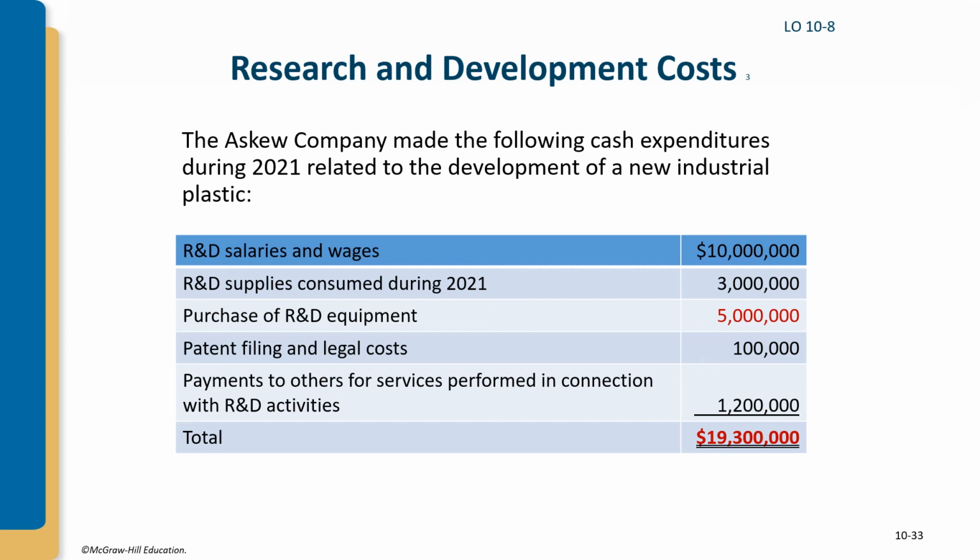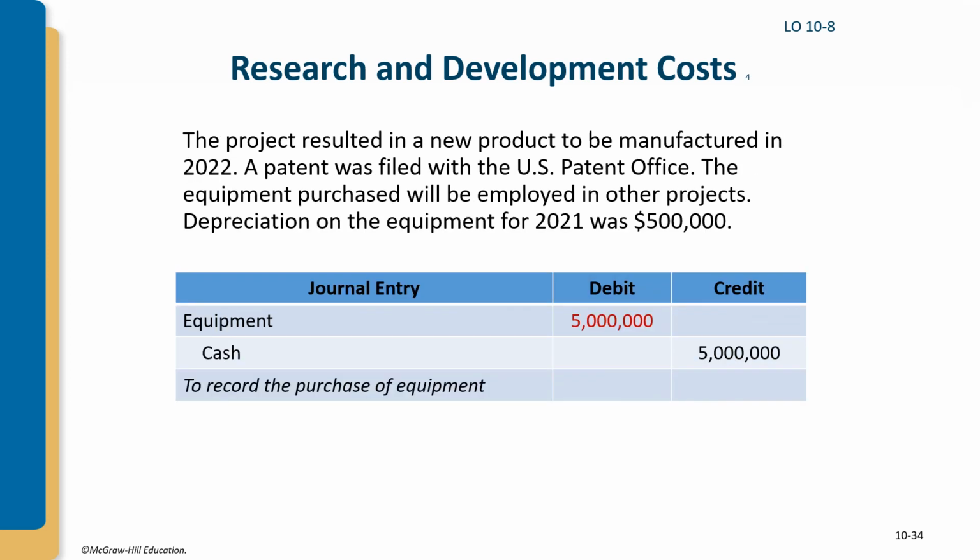So the 10 million, the 3 million, the 1.2 million, and the 500,000 is what was included in the R&D expenses. Now that $5 million in equipment, since it will be used for other purposes, will be debited to equipment, credit to cash. The depreciation related to it this year while it's being used in research and development is debited with the research and development expense.